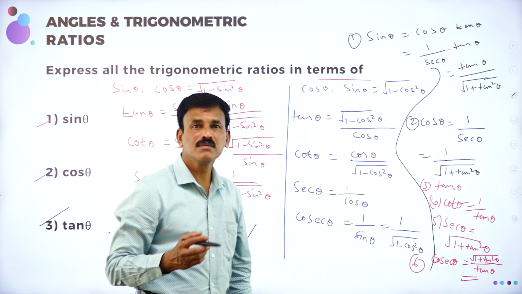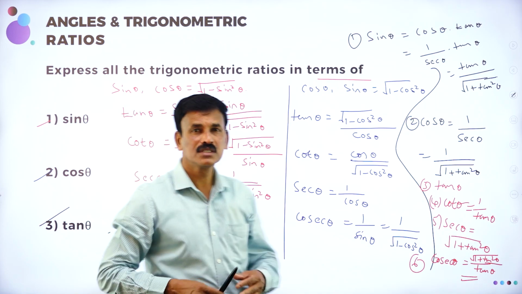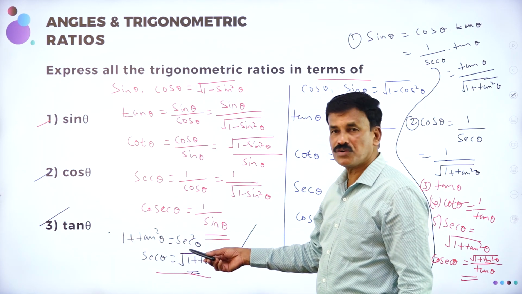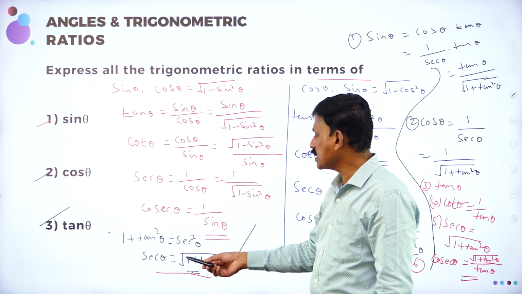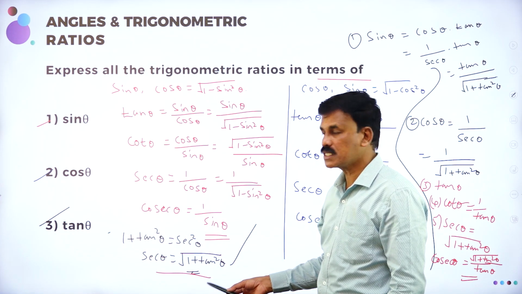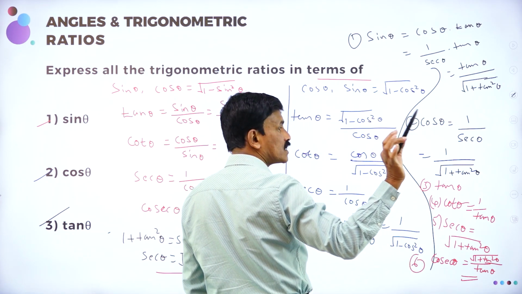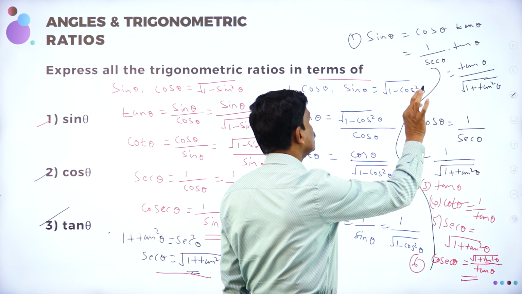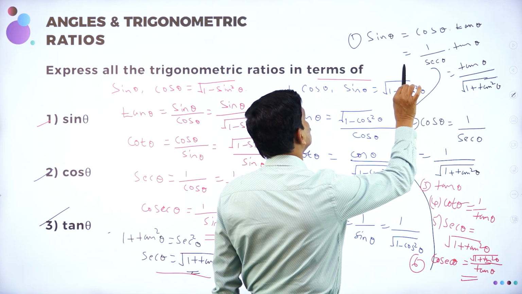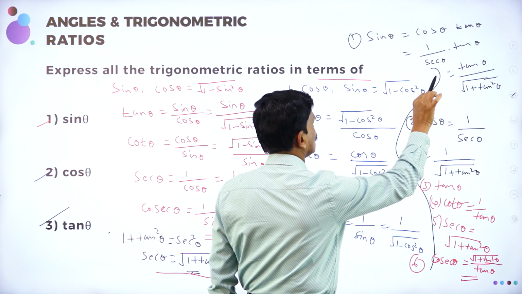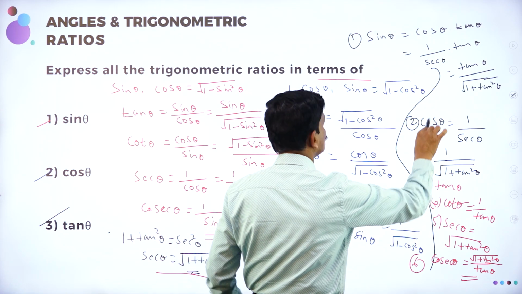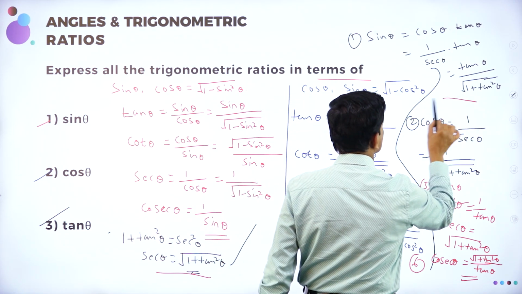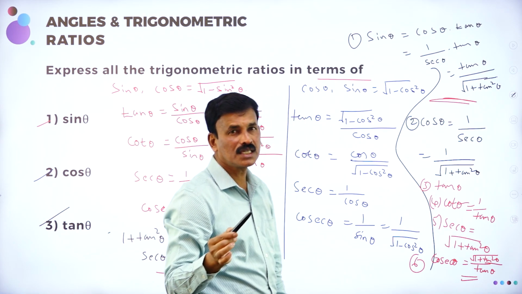Very simple. See here. First, use the identity 1 plus tan square is equal to secant square, so secant theta is equal to root of 1 plus tan square theta. First convert sin theta. Sin theta is equal to cos theta into tan theta. Cos theta is 1 by secant theta, so tan theta divided by secant theta gives tan theta over root of 1 plus tan square. This is the first one, sin theta.